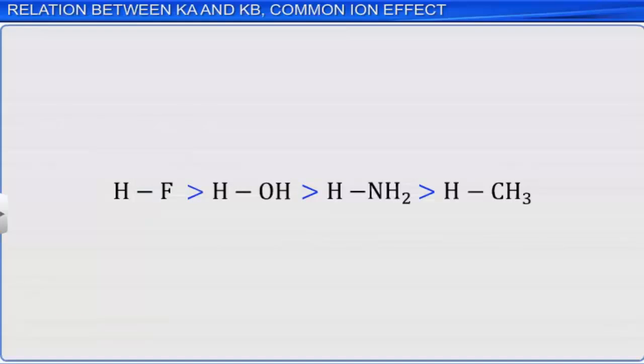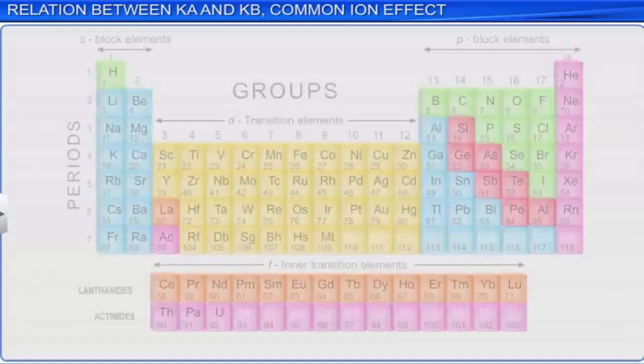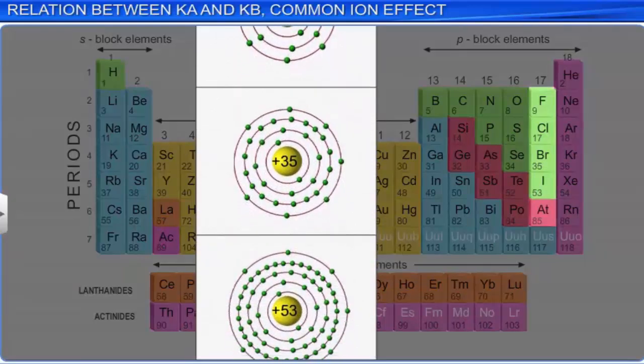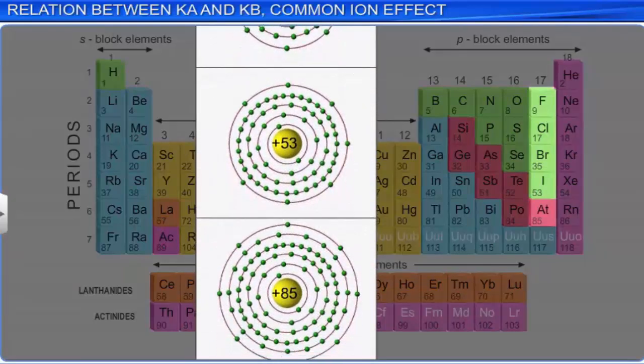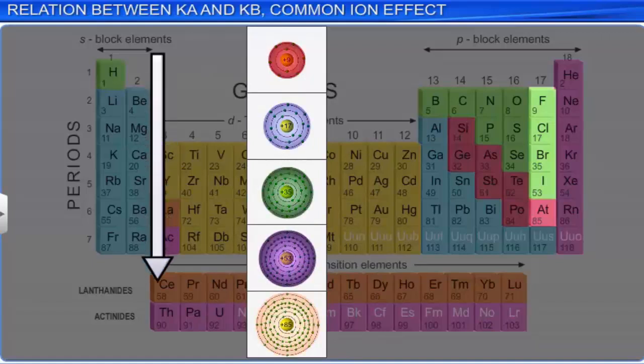However, note that HF is a weaker acid than HI. Let's see why. Remember that while comparing the elements in the same group, the acidic strength increases with an increase in the size of the atom directly attached to the hydrogen atom.